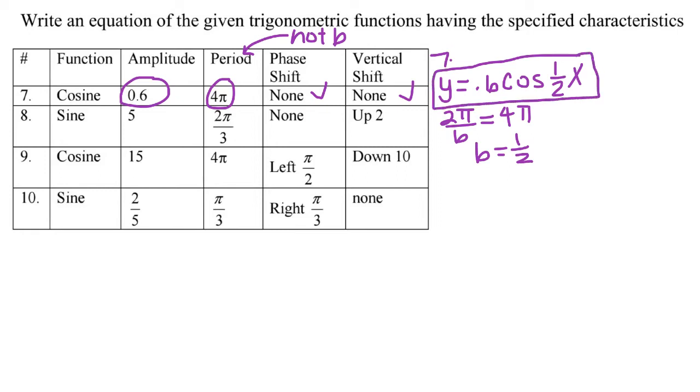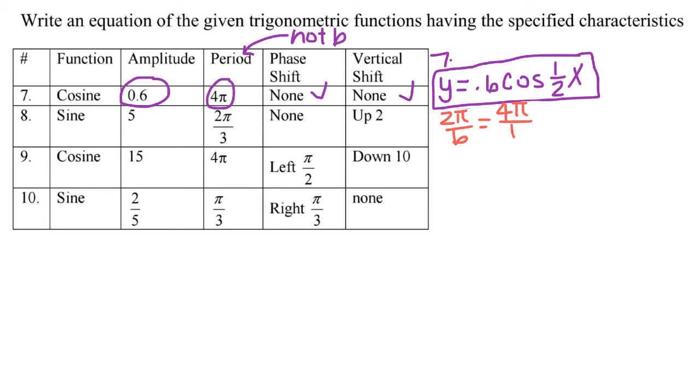Now, if you're not sure about why b had to be 1/2, we certainly can come down here and set up a proportion. So let's look at that for just a moment, because that might help some of us see why in the world that had to be 1/2. We can say 2 pi over b had to be equal to 4 pi, and we're going to put that over 1.